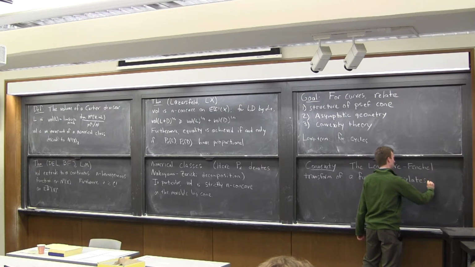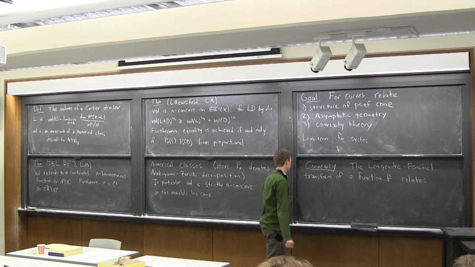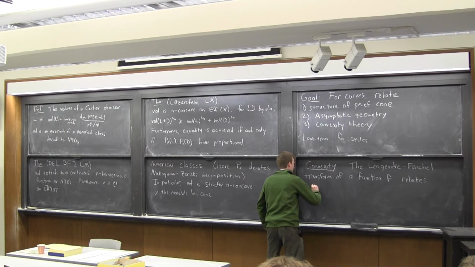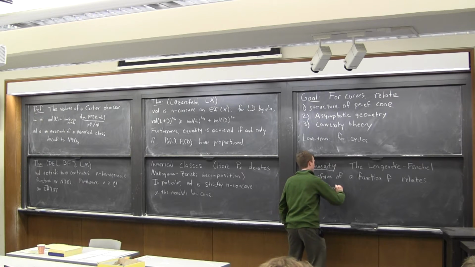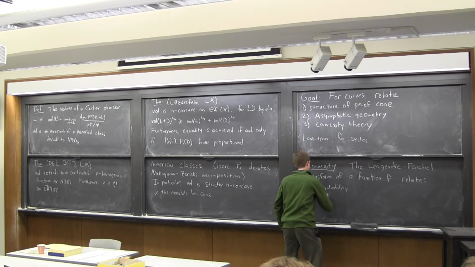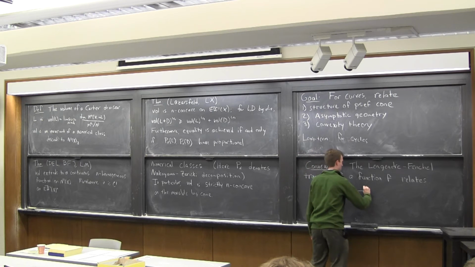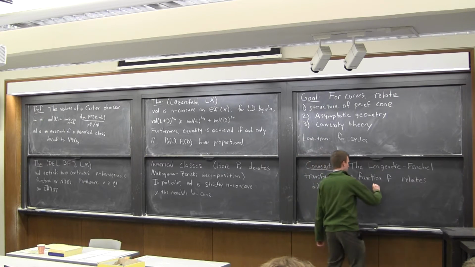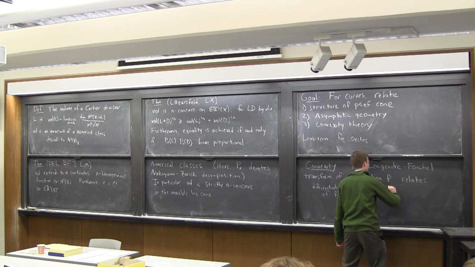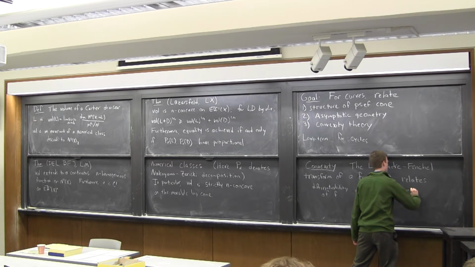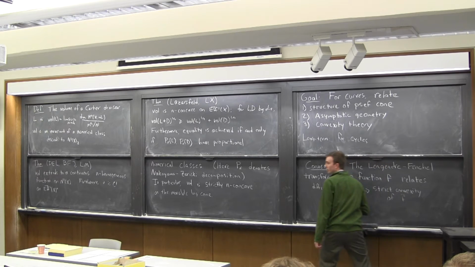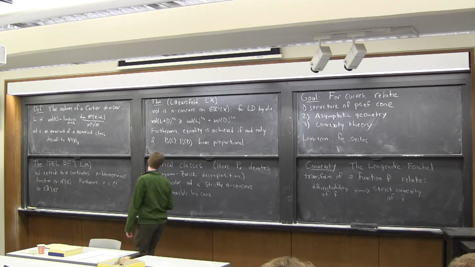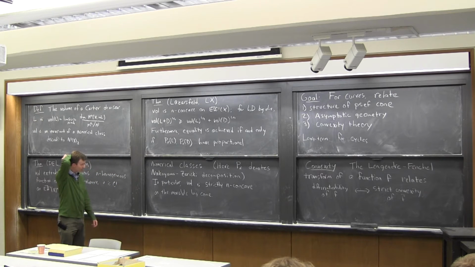The goal of the Legendre-Fenchel transform is to relate two objects. First, it relates the differentiability of f in some way to the strict concavity or the strict convexity of its transform f tilde. This is some construction from real analysis.